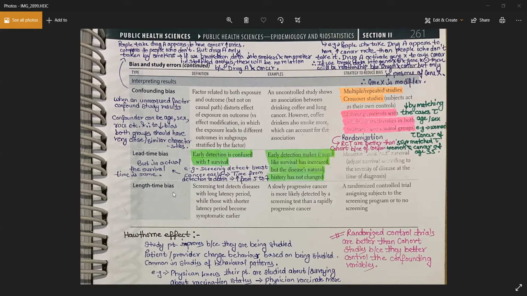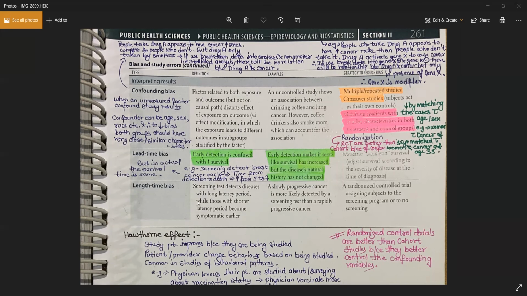Yeah. In case of length time bias, you need to have a cancer or a disease which has two variant types. One variant is rapidly fatal, and the second variant is very slowly progressive. But in case of lead time bias, you only need one type of variant of a cancer, so that you detect the disease process early and it makes it look like the survival is increased.